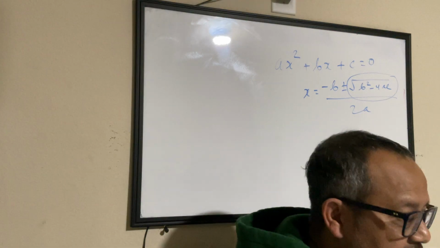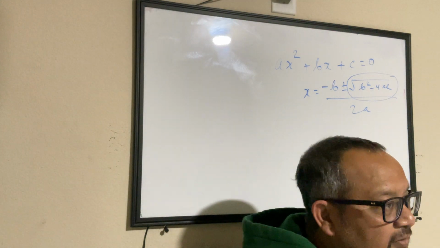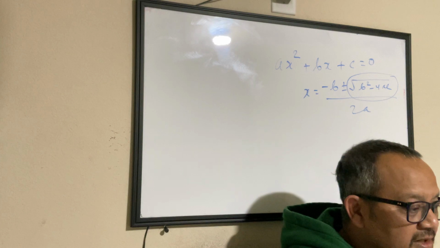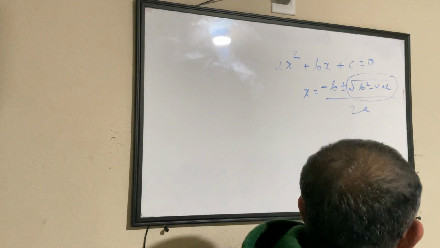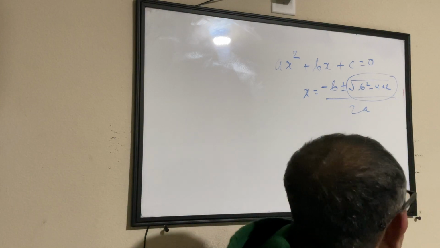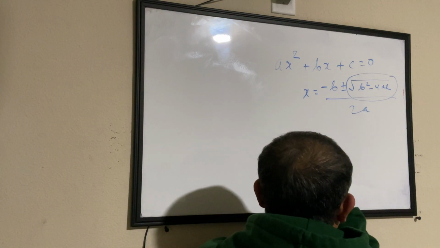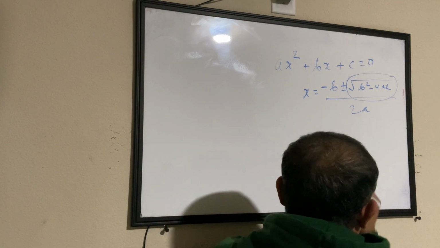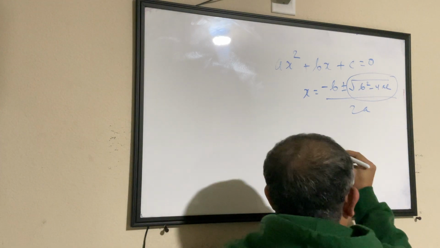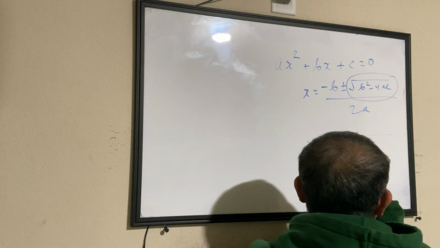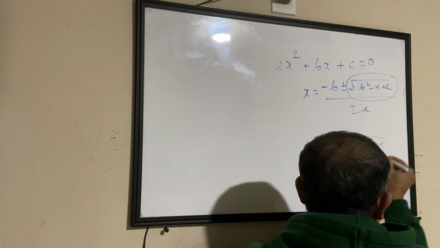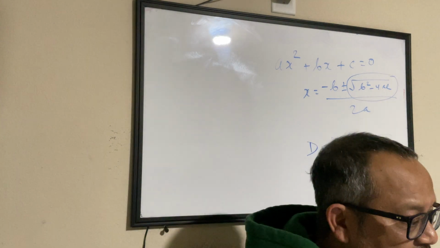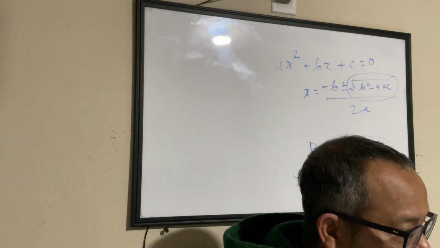This guy decides what will be the fate of the solution that we will get by dealing with any quadratic equation, which is called the discriminant. I don't remember if the discriminant is the square root of this or only this part. Does anybody remember which one is the discriminant? The entire square root or only the b square minus 4ac?